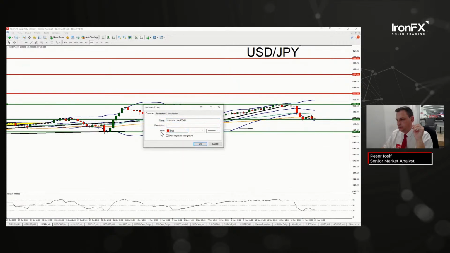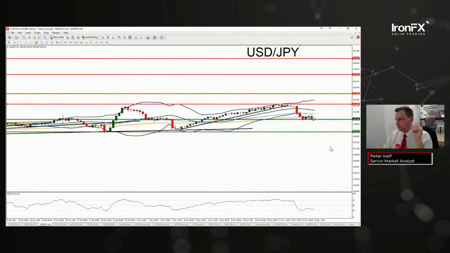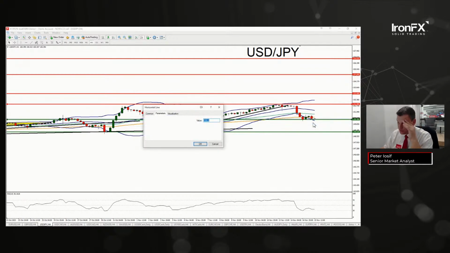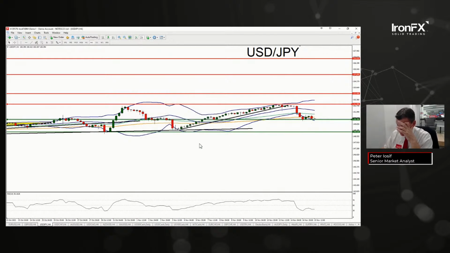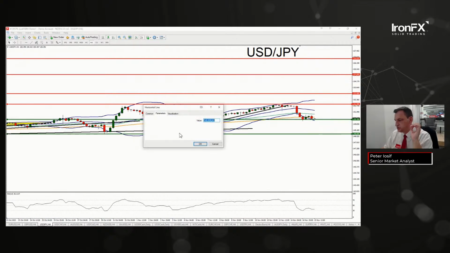In red, the S1 seems to be holding. That's valid. It's actually a beautiful landing here at 150.30. And we can lower a little bit the S2 at 140.80.